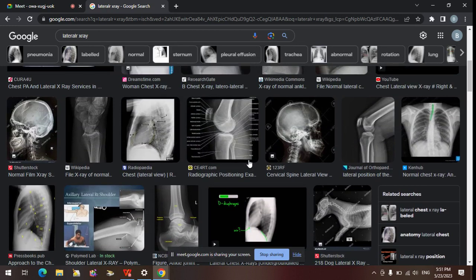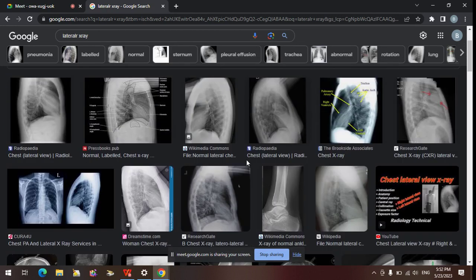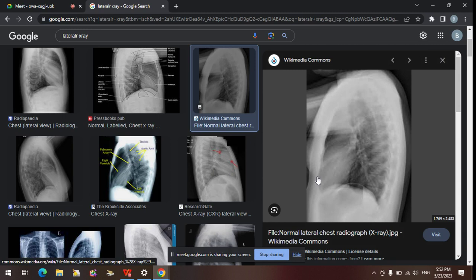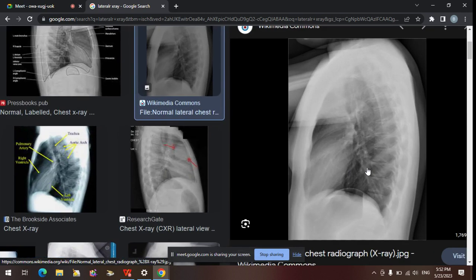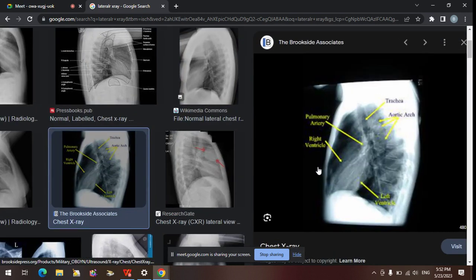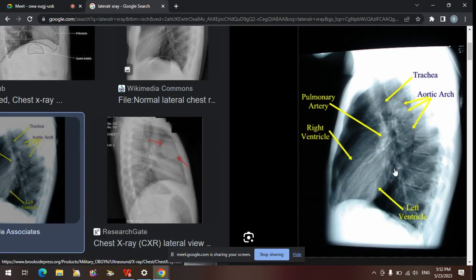All these ones are looking opaque. But don't worry, guys. I'll try and find one and I'll send it to the page.